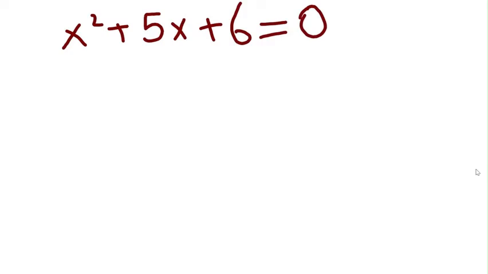All the steps are same. You have to make factors of 6, this is the last term. So the two factors of 6, 1 multiplied by 6 and 2 multiplied by 3.